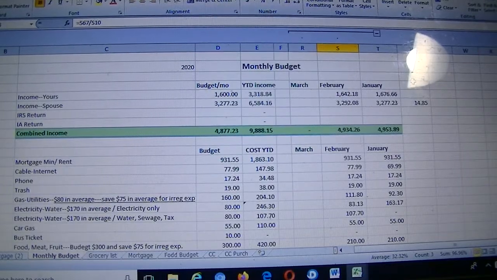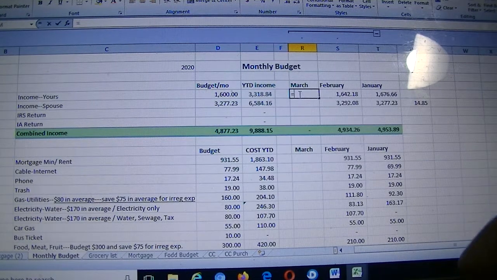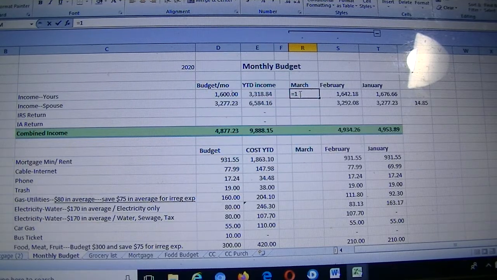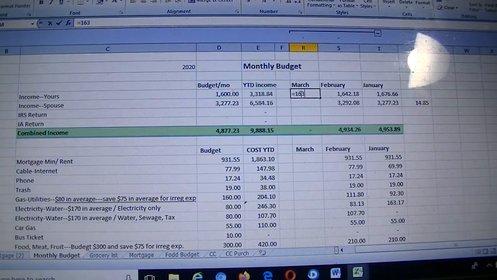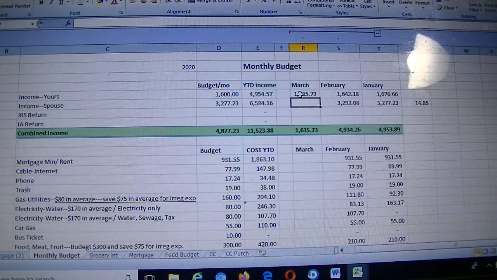As you can see here, we have our March, and quickly I'm going to enter my husband's income here. It's going to be 1,635.73.